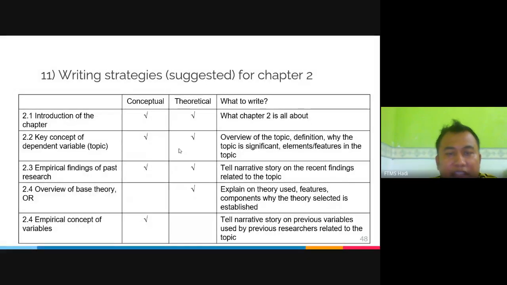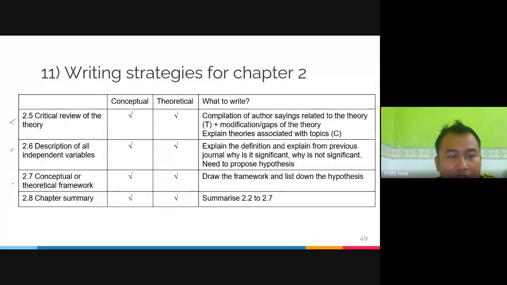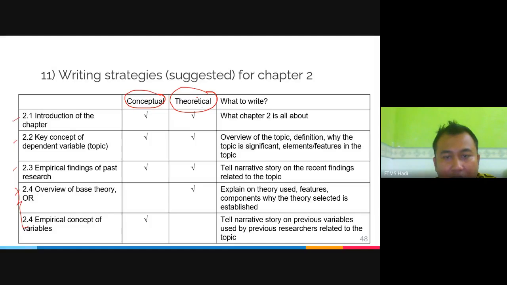Writing strategy suggested for chapter 2. It depends on you. Are you doing conceptual or theoretical? So I provide you 2.1, 2.2, 2.3, 2.4, and 2.5, 2.6, 2.7, 2.8. The difference is this one. If you choose theoretical overview of this theory, that means why do you use that theory?